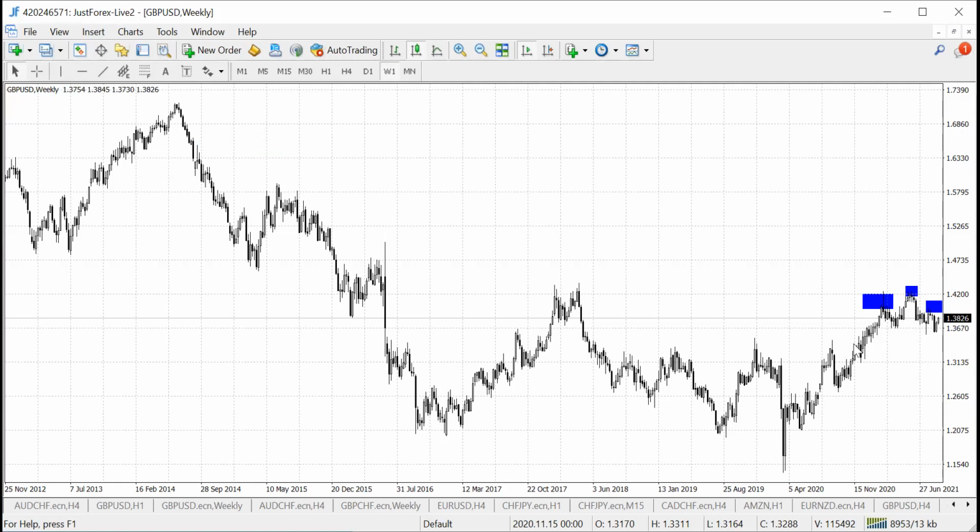Now, we'll try and do some support and resistance on this particular one. You can do one at that particular point, and this one. That's the first one. The second one you can do at this particular point.